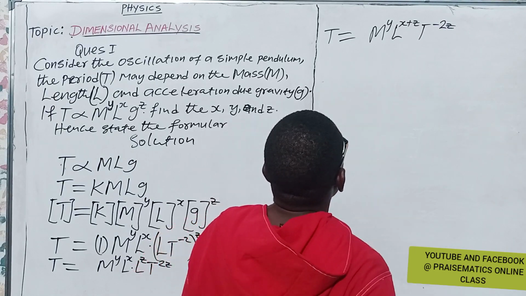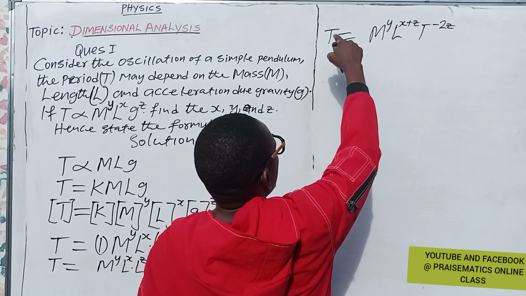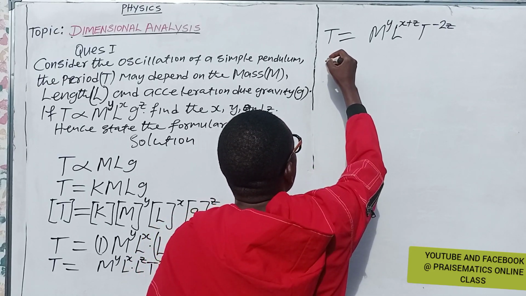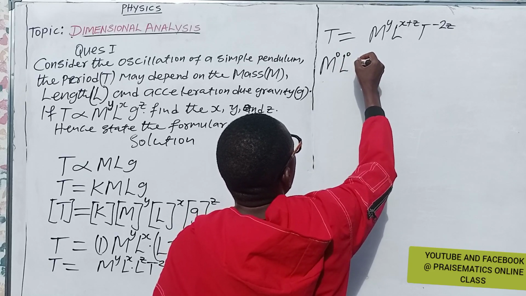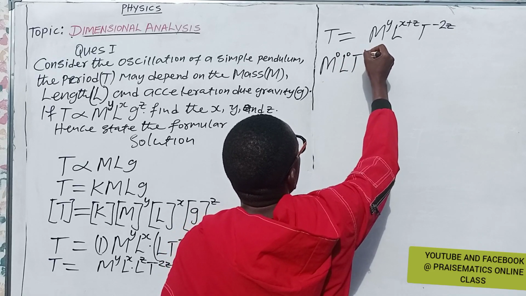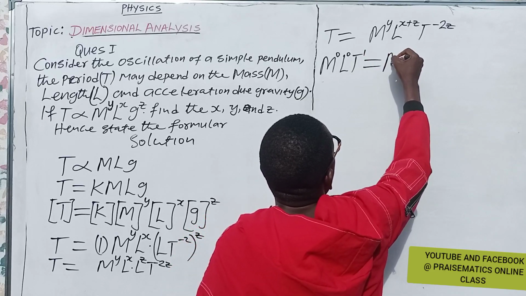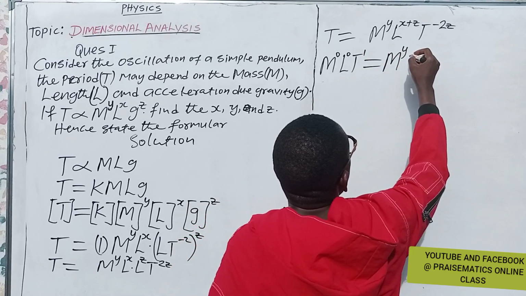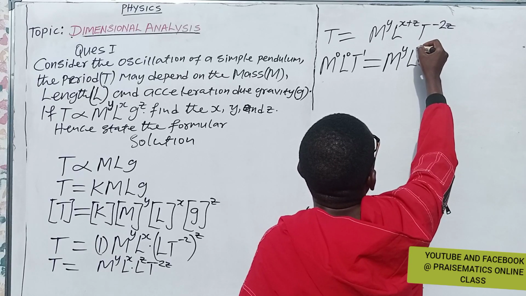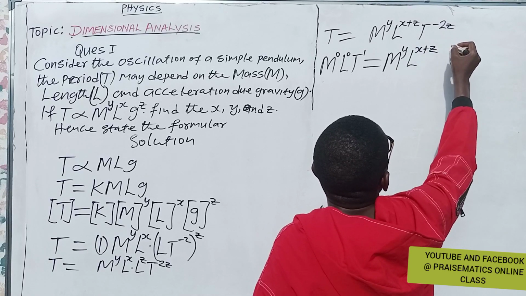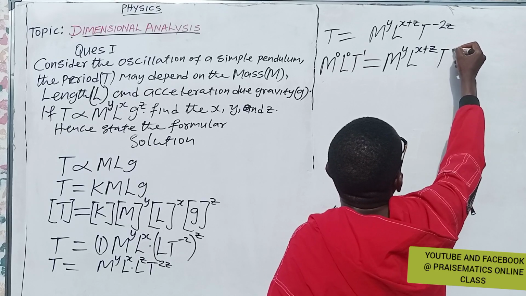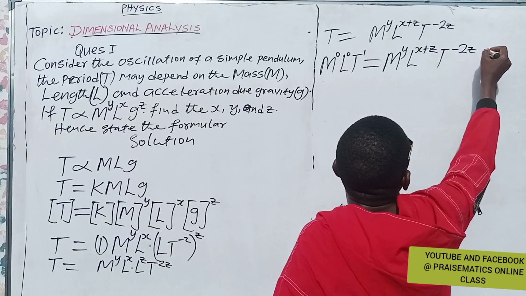So now let's equate it one after another. The dimension of this is T. We can have this as M raised to power 0, L raised to power 0, and T raised to power 1, is equal to M raised to power y, L raised to power x plus z, and T raised to power minus 2z.